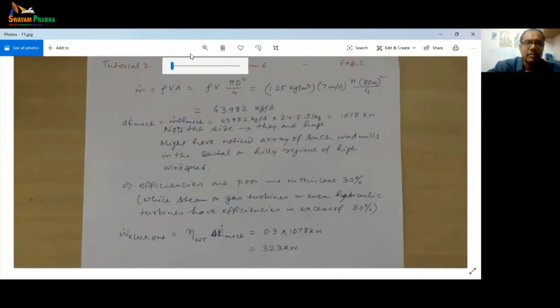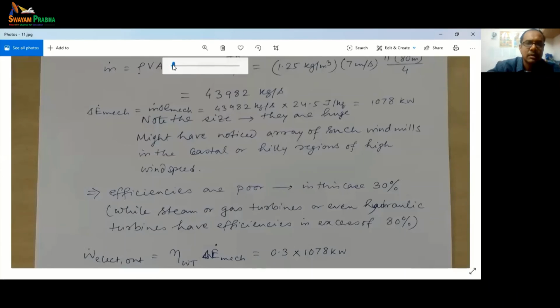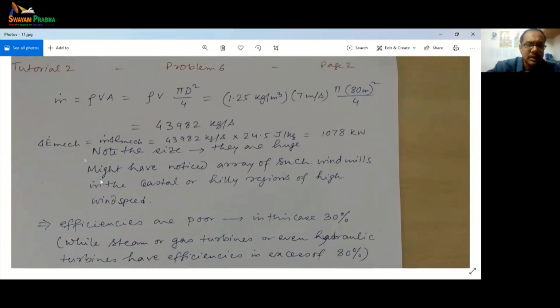How to get that? Mass flow rate is nothing but the velocity, the area available, into the density, right? The density and velocity are given, and the area we have to find from the diameter given for the wind turbine blades, that is pi d square by 4.